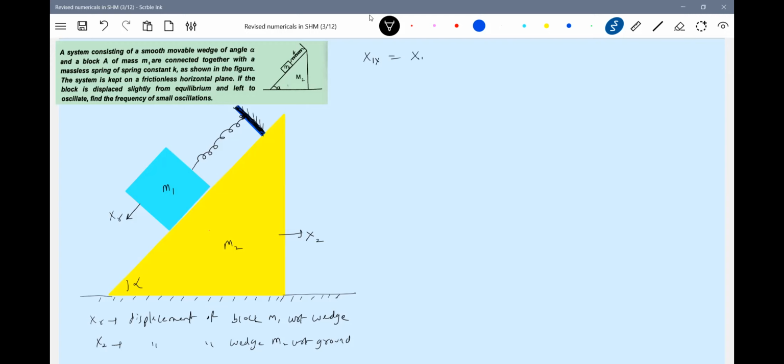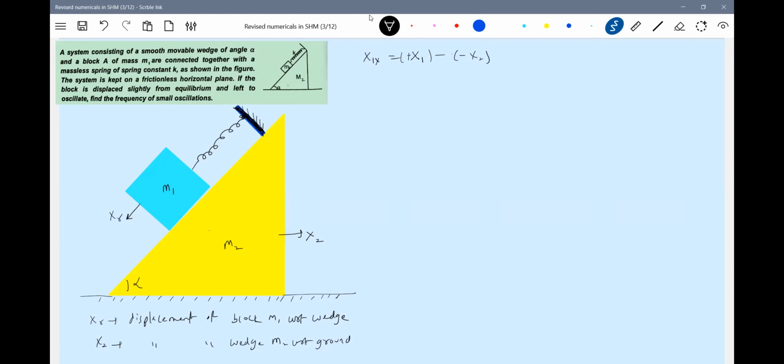That should be equal to the displacement of the block with respect to the ground, minus x2. Why negative? It will be towards left, negative, if I take this as positive. So what is this x1x? Displacement of the block with respect to the ground along the x-axis.